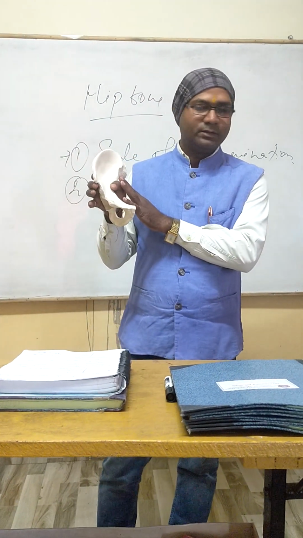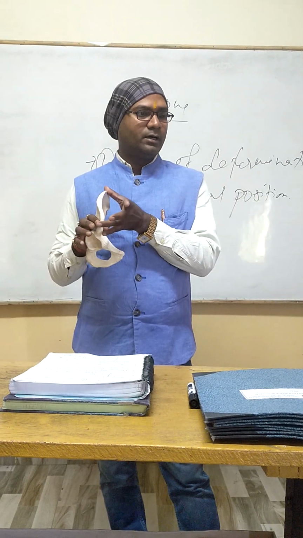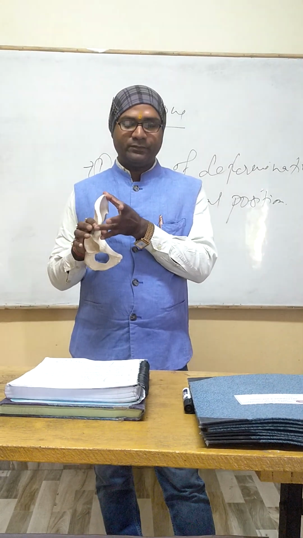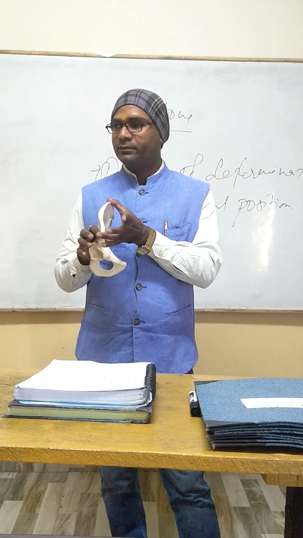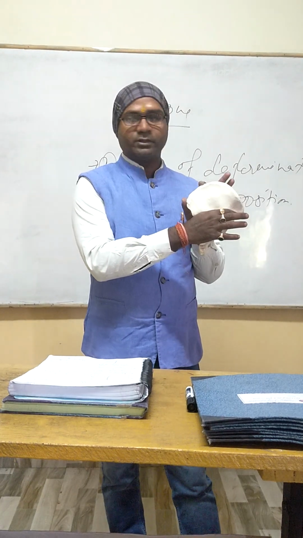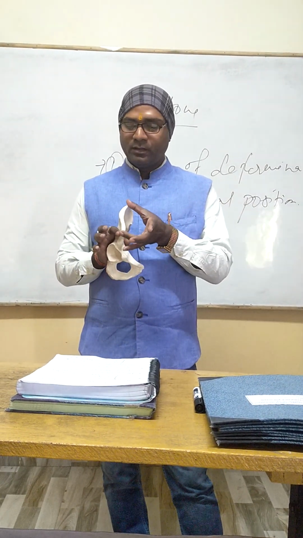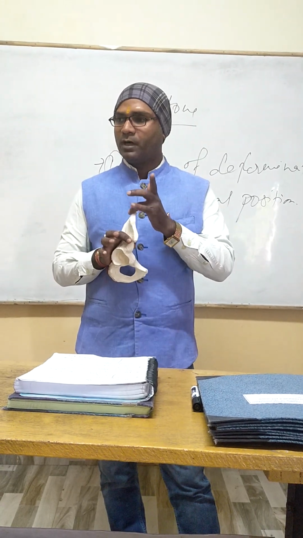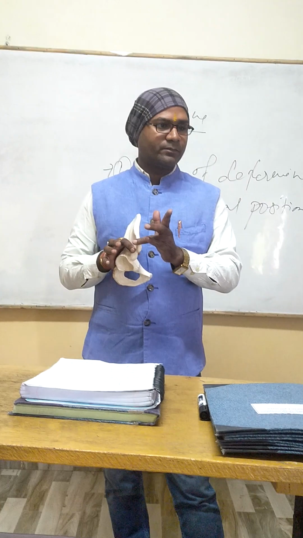Okay. Now we will see the iliac crest. We have the ventral 2/3 and the dorsal 1/3. The dorsal 1/3 lies in the posterior side. In the ventral 2/3 we have the outer lip, inner lip and intermediate area.